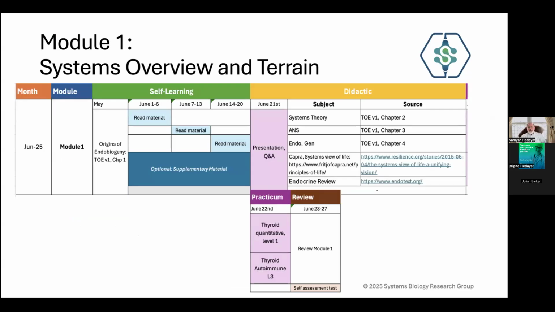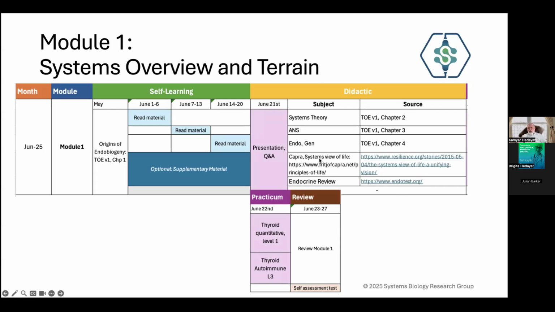Here's an overview of the course. We start in June. If you want, in May, you can read the first chapter, and then every week we would recommend you read one of the subsequent chapters, 2, 3, and 4. Module 1 is about systems overview and the concept of terrain. So everything I presented in an hour, you can learn in more detail in the first month.